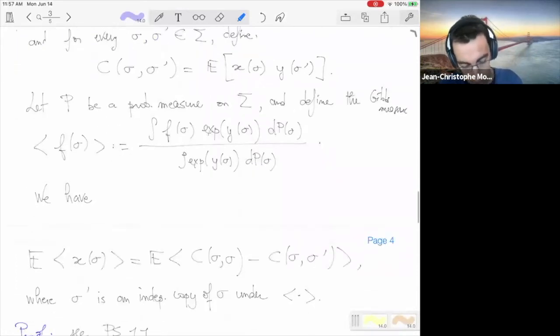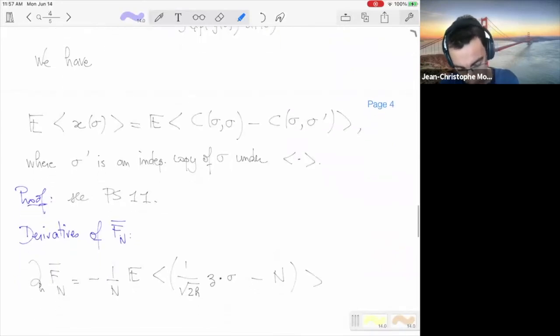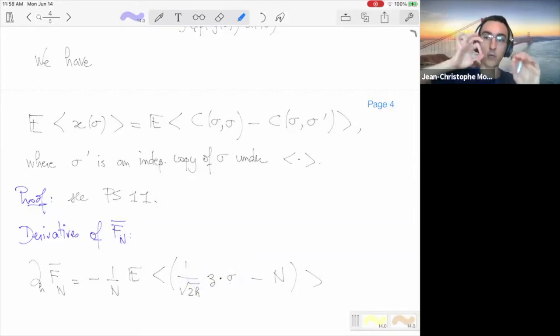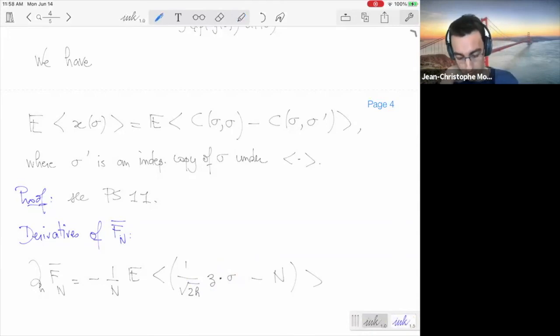So in our context, I want to do this Gaussian integration by parts on this guy, because this z is still this Gaussian thing. So this will be my x of sigma. Okay, x of sigma is z dot sigma. And the y of sigma is going to be just the expression for the energy function. So I have to compute the correlation between these two things taken at two different configurations.